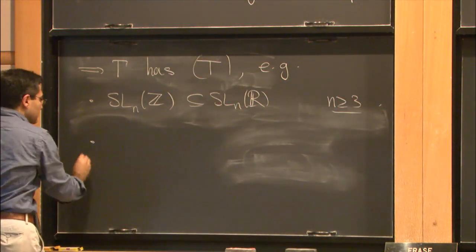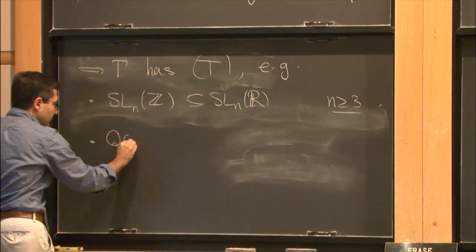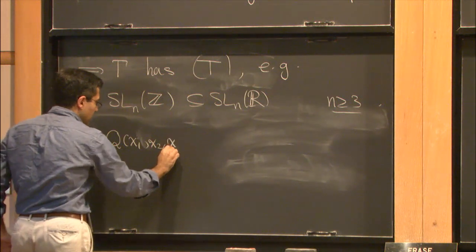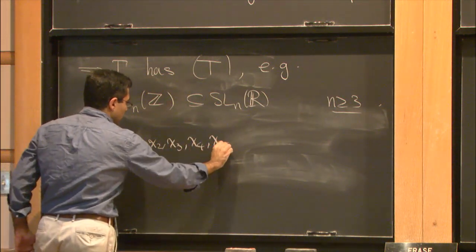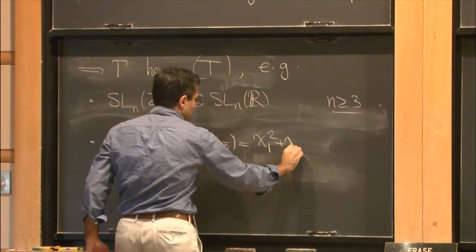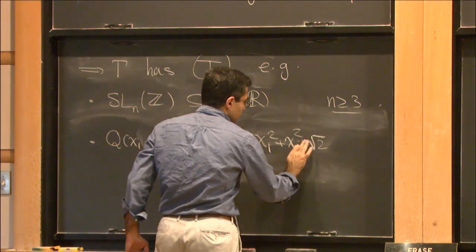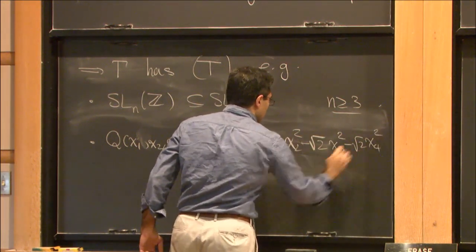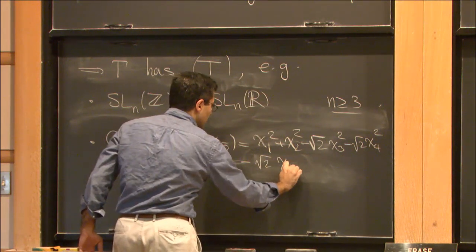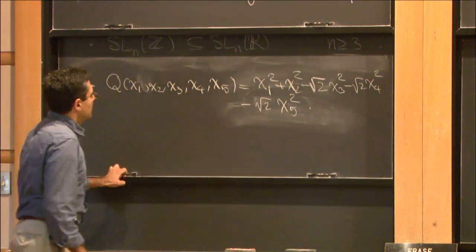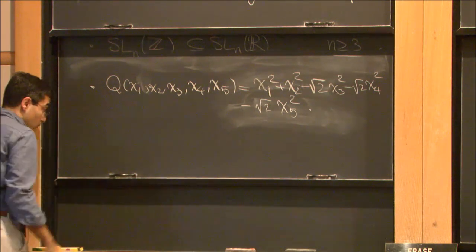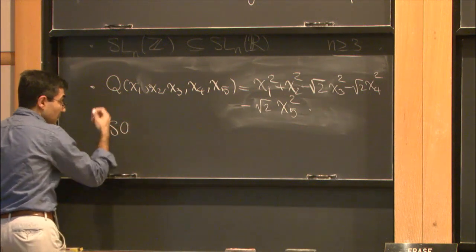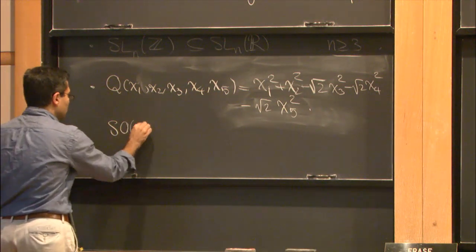Or another example that I'd like to mention is, think about the quadratic form in 5 variables, with two plus signs and three minus signs, and think about the orthogonal group, the linear maps that preserve this quadratic form.